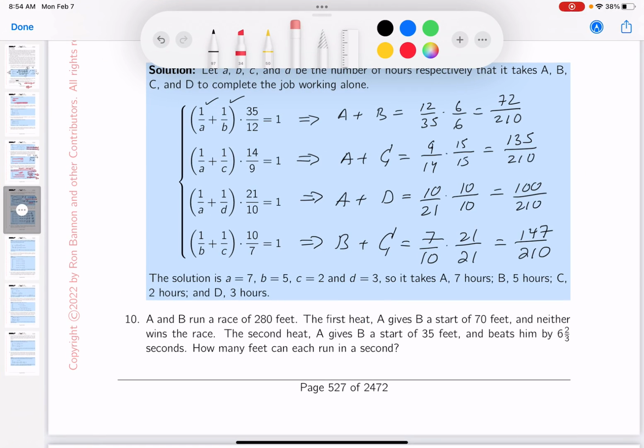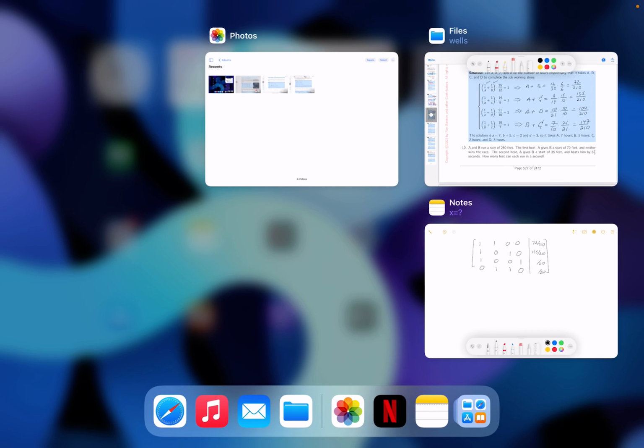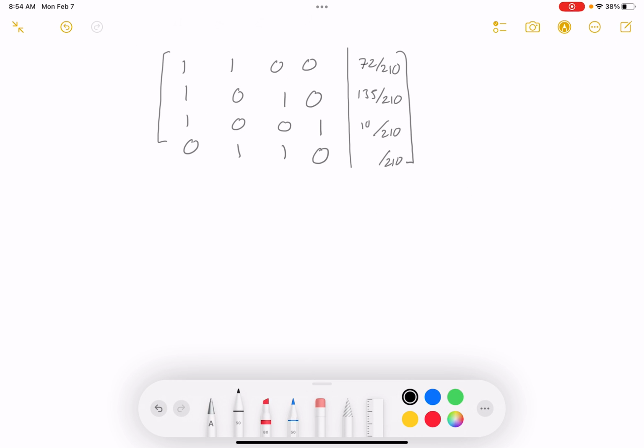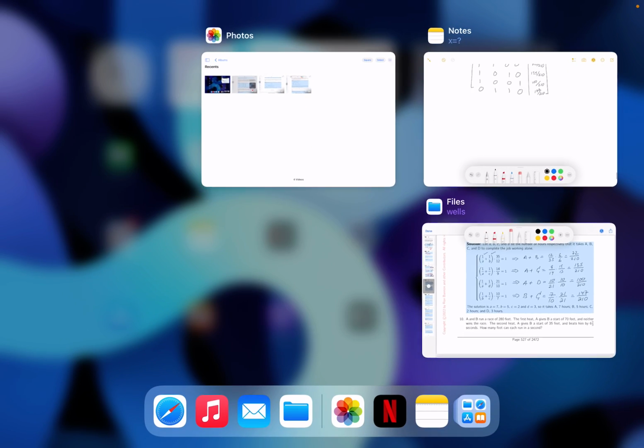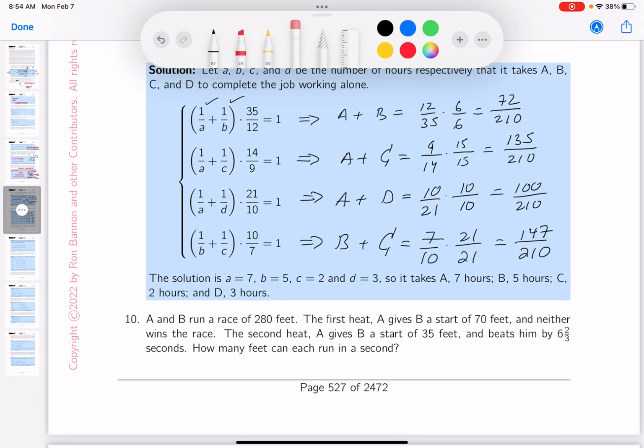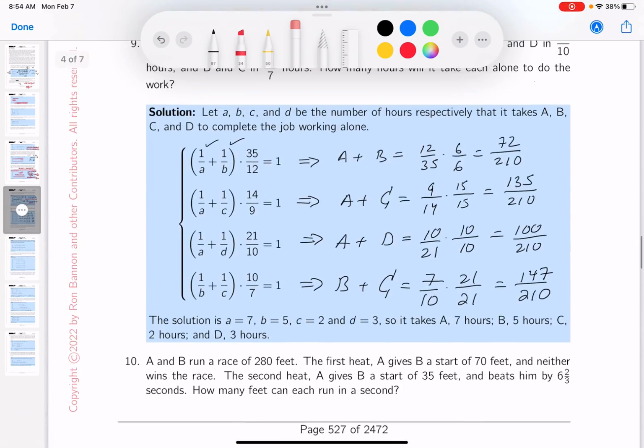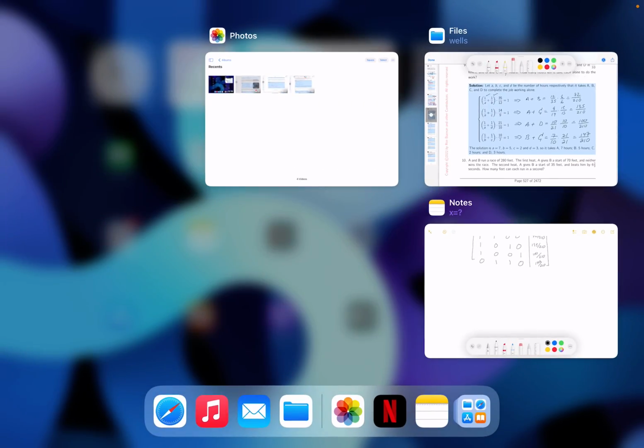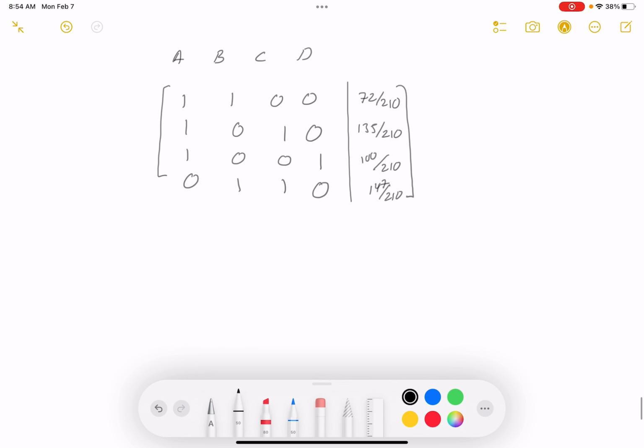So 72, 135, 100, and 147. Again, let me just go back. I hate to make you dizzy. 72, 135, 100, 147. Whoops, sorry about that. So let's see if I did that right. 72, 135, 100, 147. So far, so good.